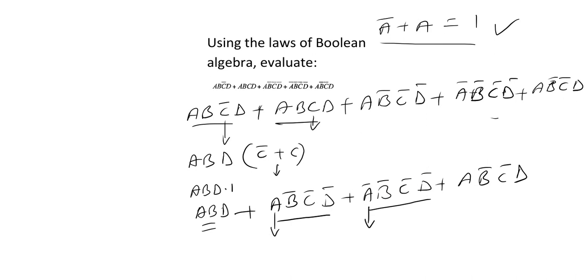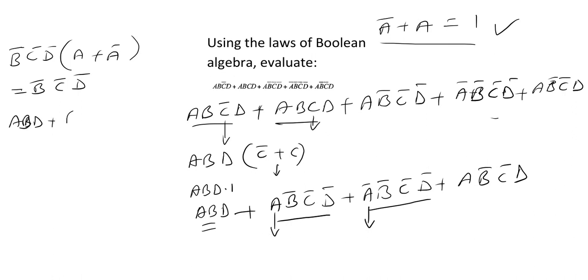So we can factor out not B, not C, and not D. Then we have our A and not A, which will give us 1, meaning we shall have the expression as not B, not C, and not D. The new expression is now ABD plus not B, not C, and not D.